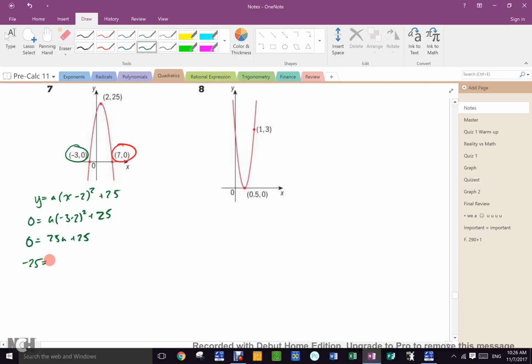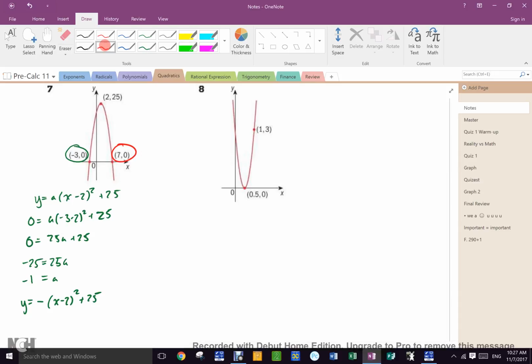Negative 25 equals 25a. A equals negative 1, right? And I'm going to get y equals negative (x minus 2) squared plus 25. Everybody happy? And then I'd expand. We're not worried about expanding, yeah?